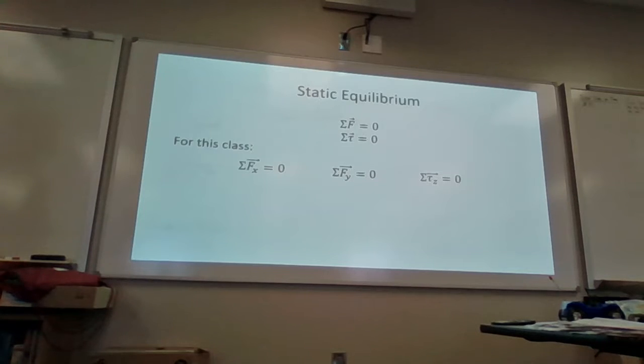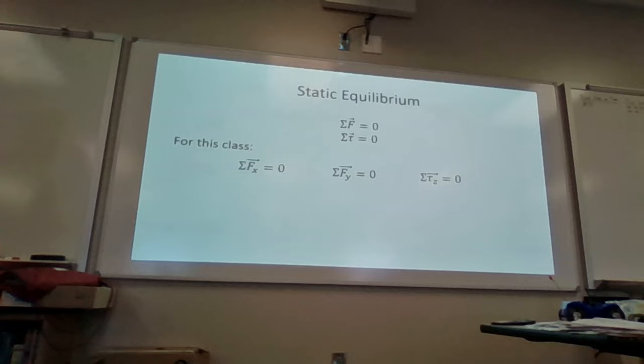Okay. So this is reality, X, Y, and Z in all directions. In this class, we're limiting it to problems that are in the plane of a piece of paper. So you've got the sum of the forces in the X direction equals 0, the sum of the forces in the Y direction equals 0, and the sum of the torques in the Z direction equals 0.